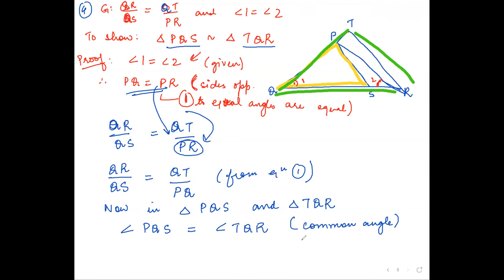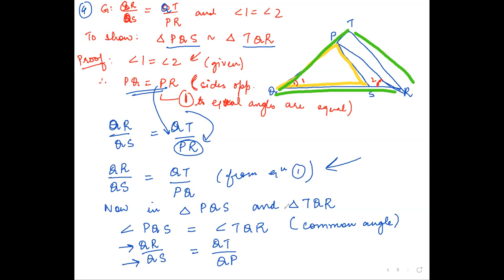Now one thing I have common. Then I make use of the result which I have shown here, that QR upon QS. QR is your green triangle, QS is your small yellow triangle. Then here I need the side of the green triangle in the numerator, that means QT, and the yellow triangle, that means QP. Clear? So the sides are also in proportion. Which criterion can I use here?